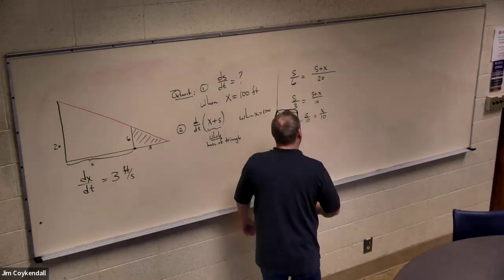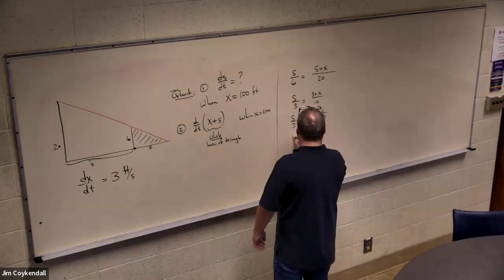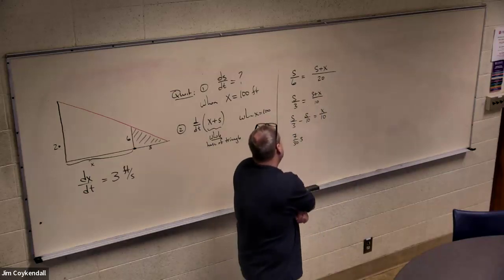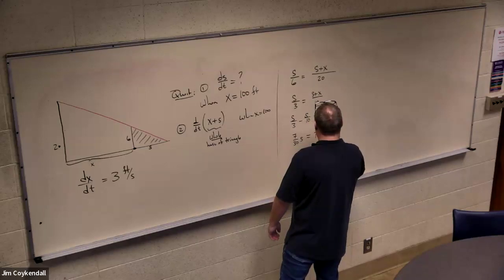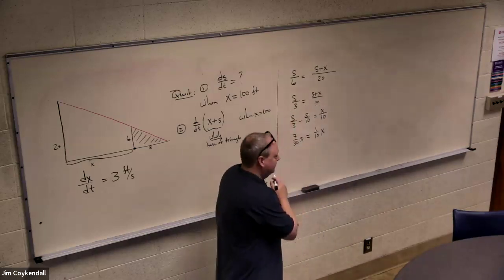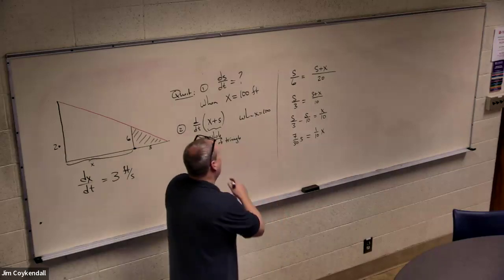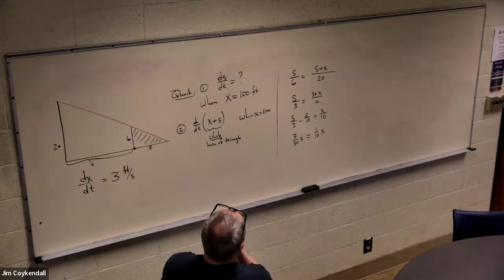So I get 7/30 s equal to 1/10 x. My goodness, that worked out well. There's an equation that relates s and x.